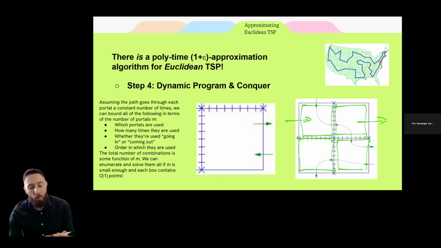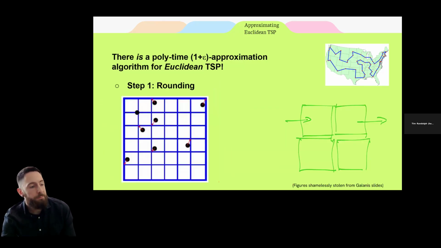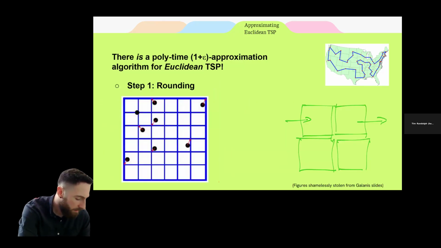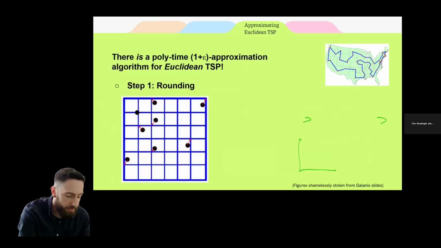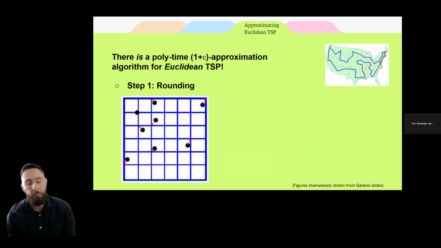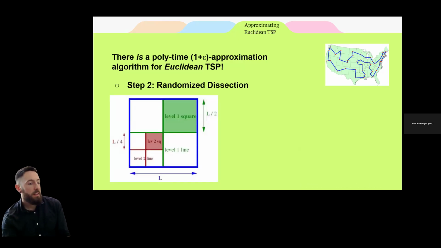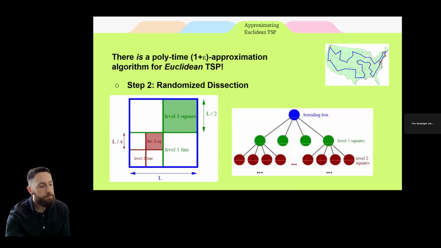So to recap what we're doing, we're working in the plane, 2-dimensional Euclidean space, although we can generalize this to d dimensions. We start by taking our input points and rounding them so that we've essentially got manageably sized points with reasonable integer-sized relationships to each other. Then we decompose this space so we can talk about solving tiny subproblems and then recursively combining those solutions to get the solutions to larger subproblems.